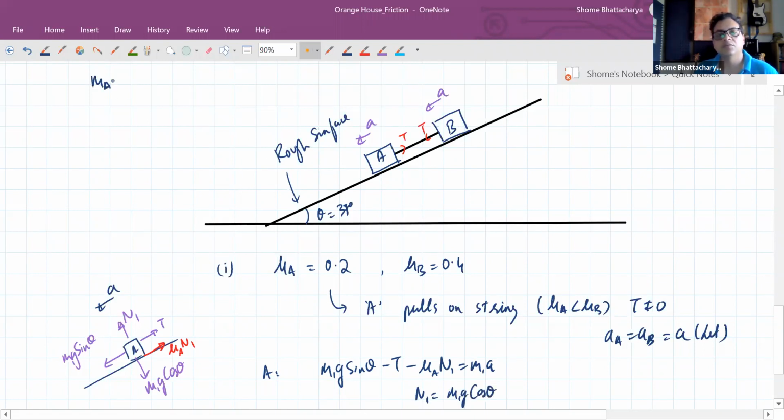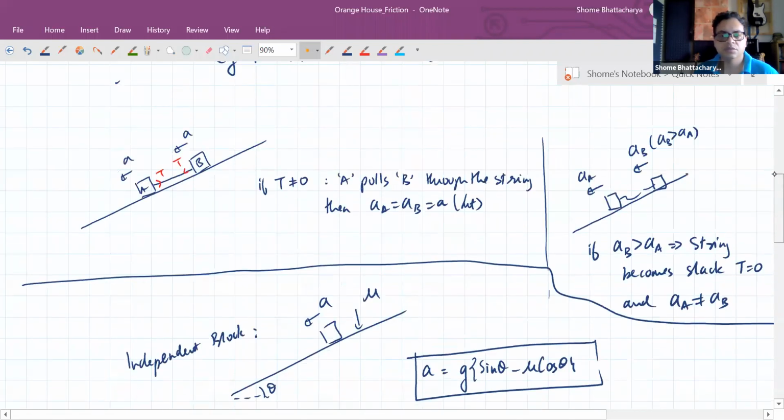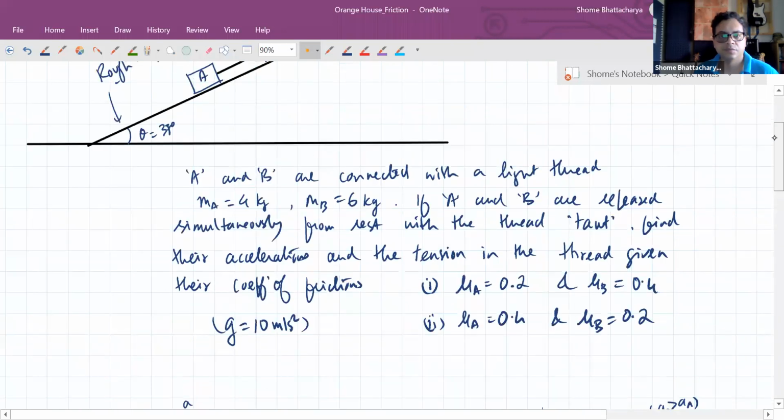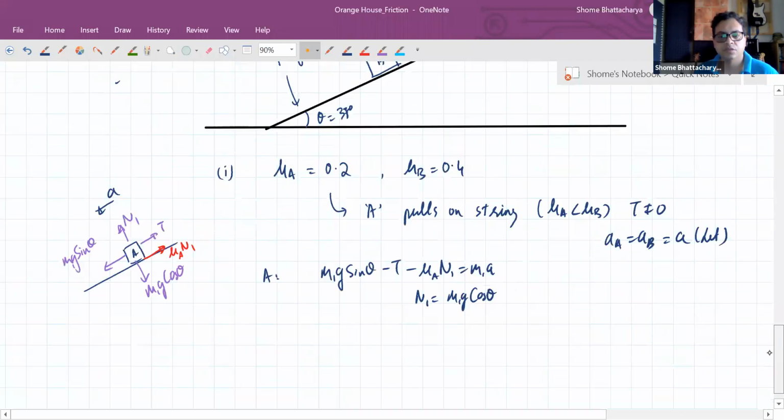Now mass of A was given to us as 4 kg and 6 kg, wasn't it? Yeah, 4 and 6.